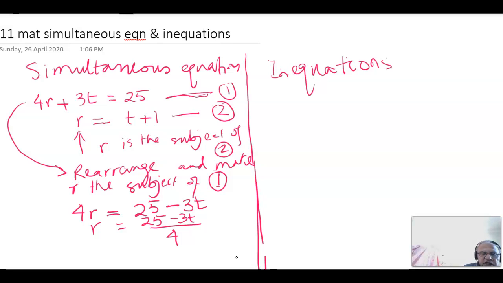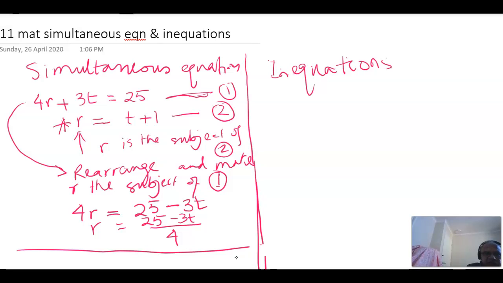Now I can see the problem is becoming more complicated. So let me try to find out if I have a simpler method. If I substitute this r equals t plus 1 into this one, so this will be 4 times r, which is t plus 1, plus 3t equals 25.